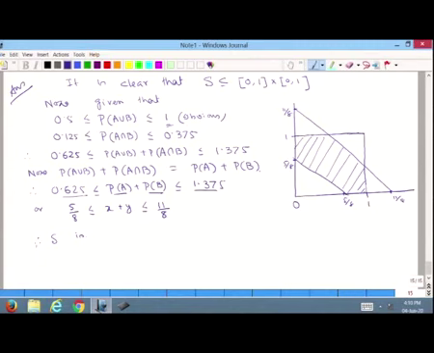Let us call it O, P, Q. Let us call this line M, N, and suppose this line is X, Y, and this line is R, S. Therefore, S is the region given by P, X, Y, S, R, Q.